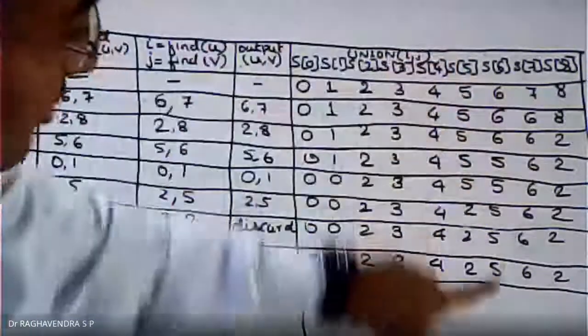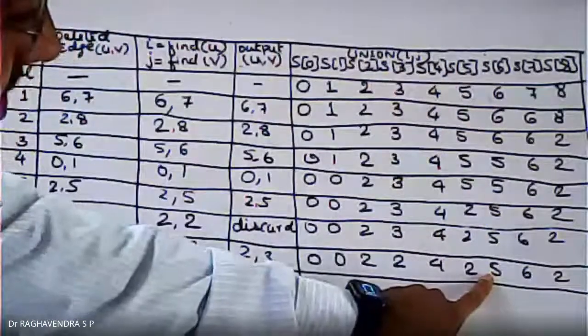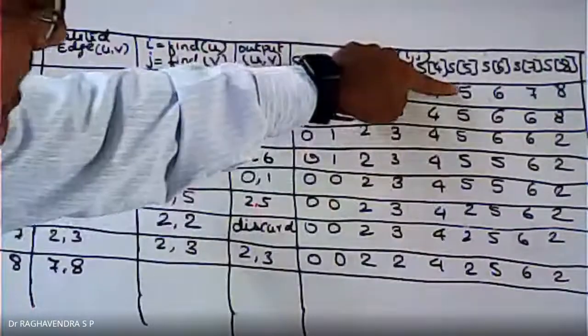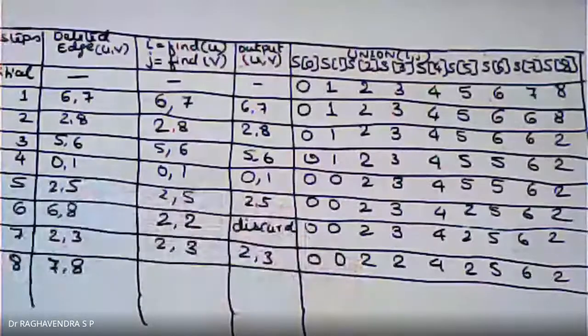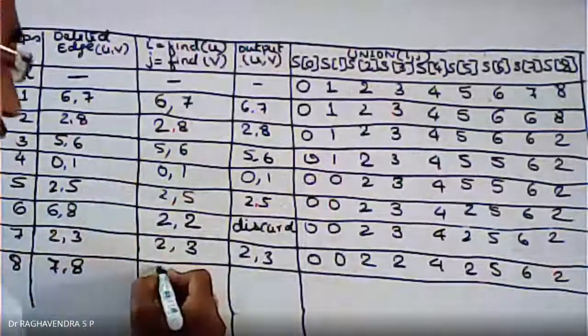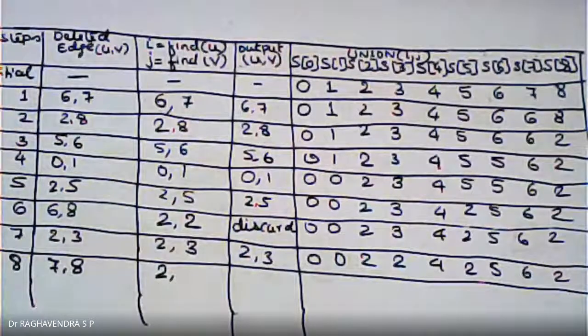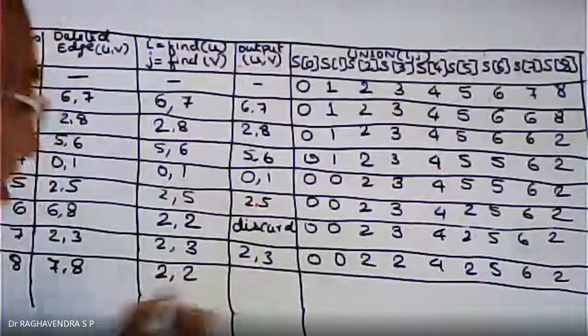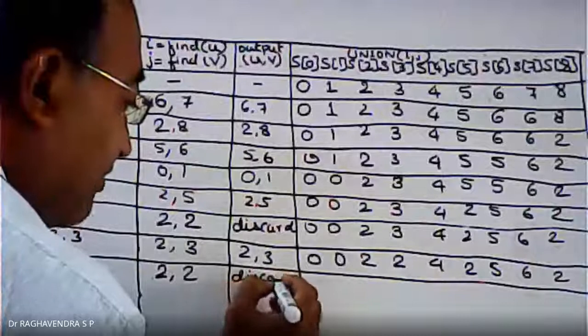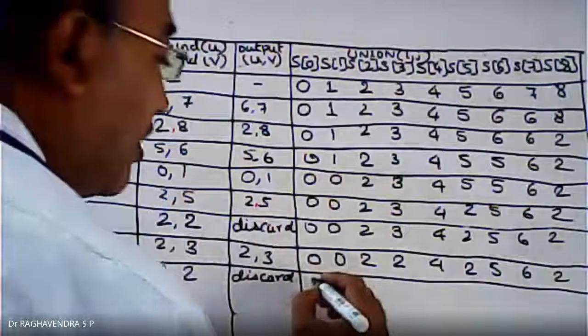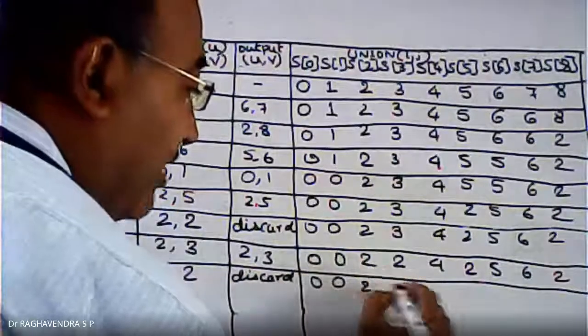So go down. What are you going to get here? 5. 5 is also present here. Go down. You are going to get 2. Then we go to 7. So 2 is the root of 7. And what is the root of 8? 2, sir. So i and j are the same now. So once again, discard because it is going to create a loop, and keep the values as they are.